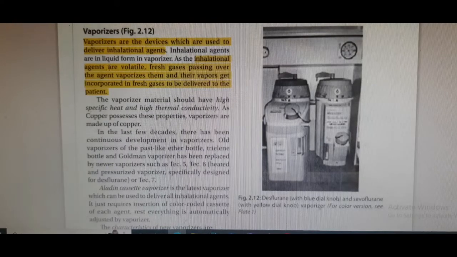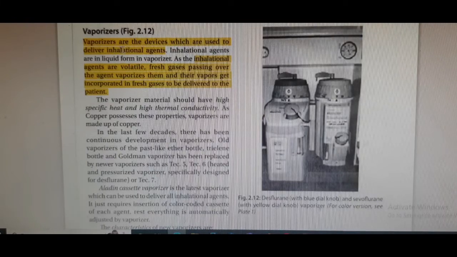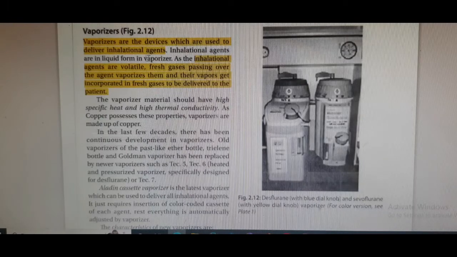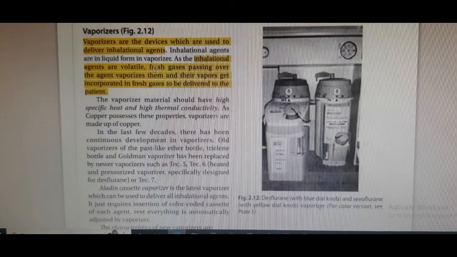From the flow meters they move to the vaporizers. In the vaporizers, they get mixed with the vaporizing agents, which are inhalational agents. Together, oxygen, nitrous oxide, air and anesthetic agents are delivered to the common gas outlet, from where it goes to the patient. So that is how the vaporizers work.